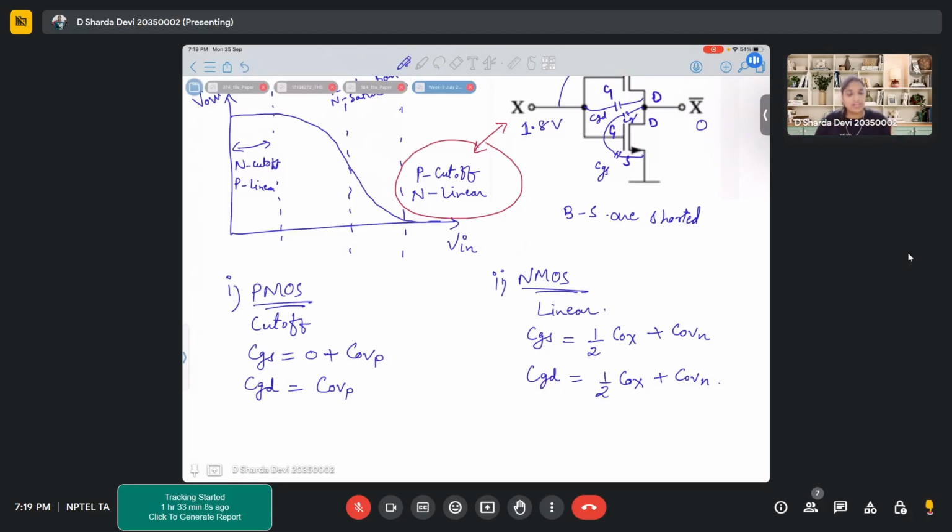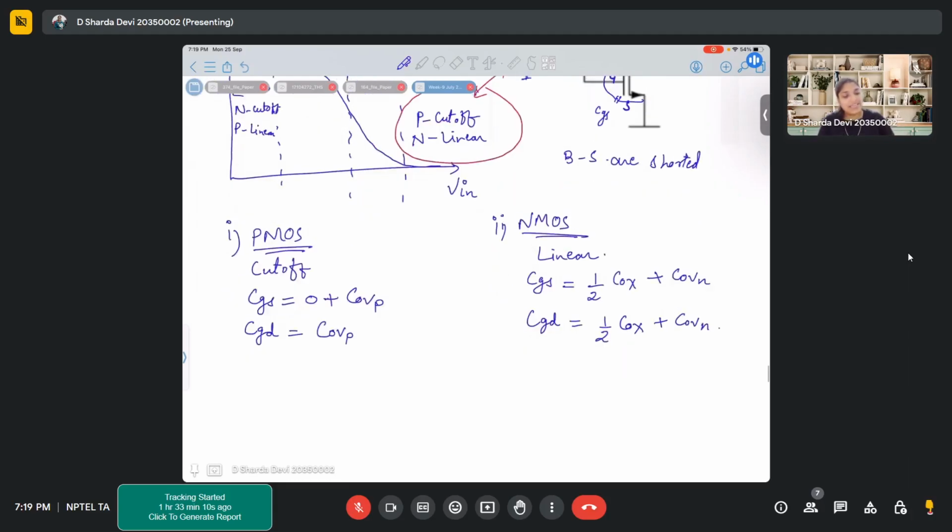So these both will contribute. In linear region, we consider half is contributed to drain and half is contributed to source. Whereas when the device is in cutoff, the only capacitance that can come into picture is your overlap capacitances.